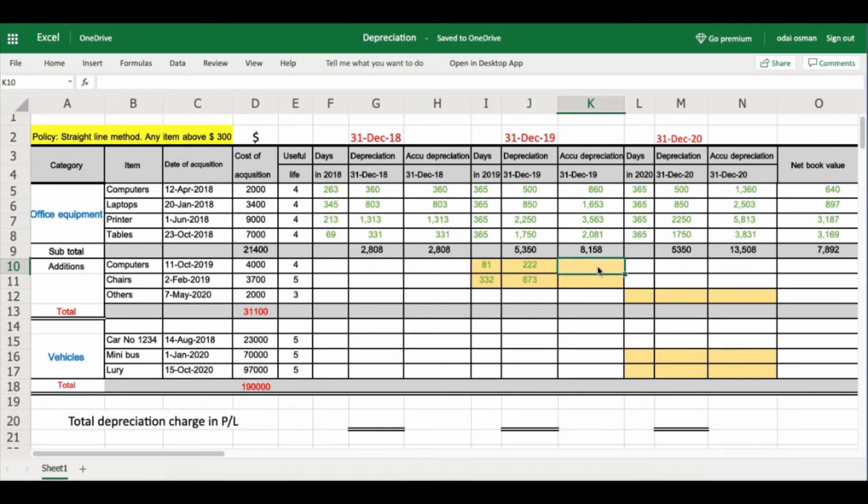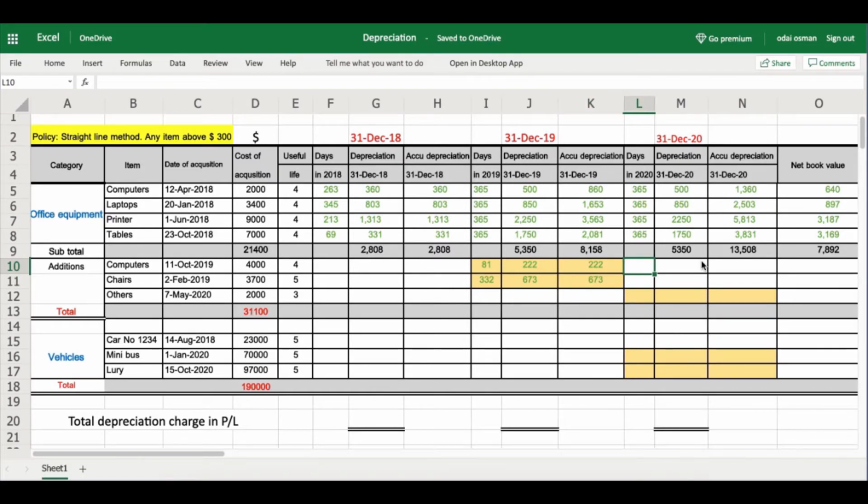So you need to calculate the accumulated depreciation as well. Accumulated depreciation would be equal to the depreciation at the first year, and here too.